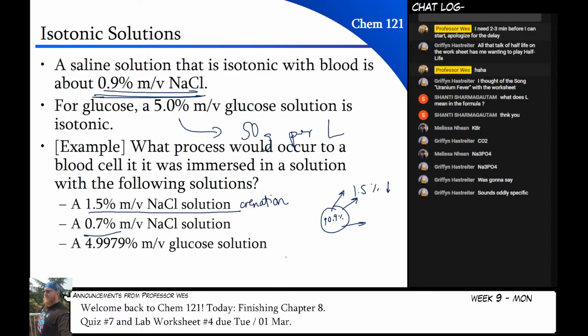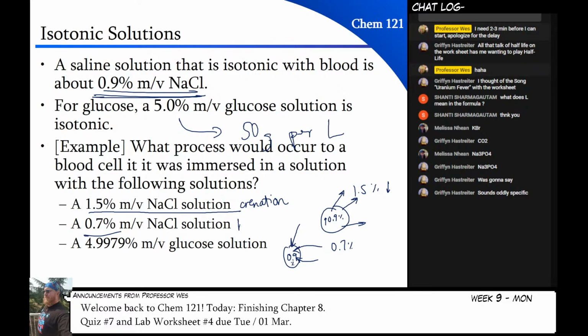What about a 0.7% solution? Now there's too little ions outside. The concentrated solution is inside the cell, so my water is going to move into it to try and get this concentration inside to equal that of the outside.